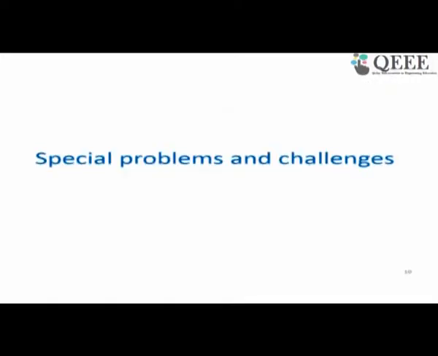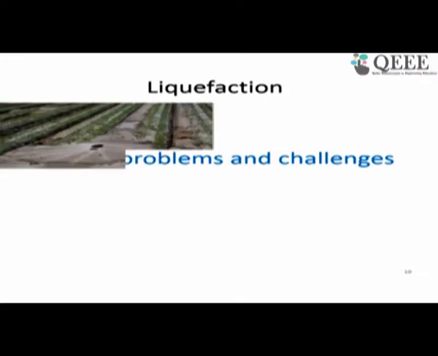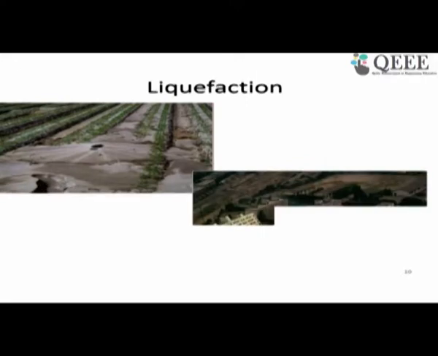Now, in addition to this, some of the cases where we saw the bearing capacity was not enough, or there were some missing links, or some layers which were missed during the investigation, there are some special situations also where we need to do some kind of investigation. For example, liquefaction.